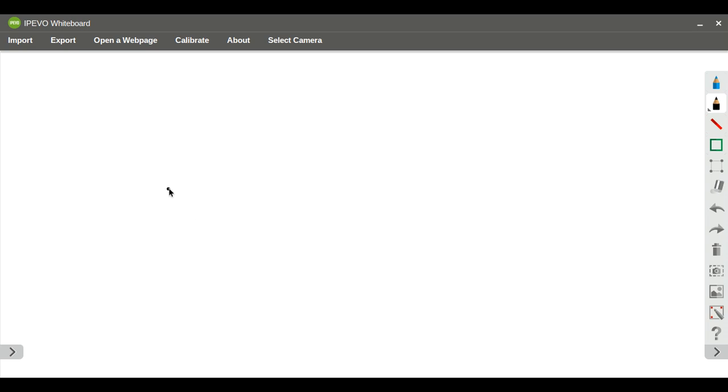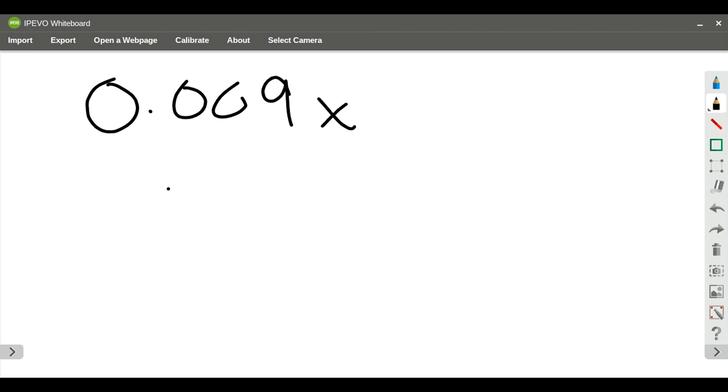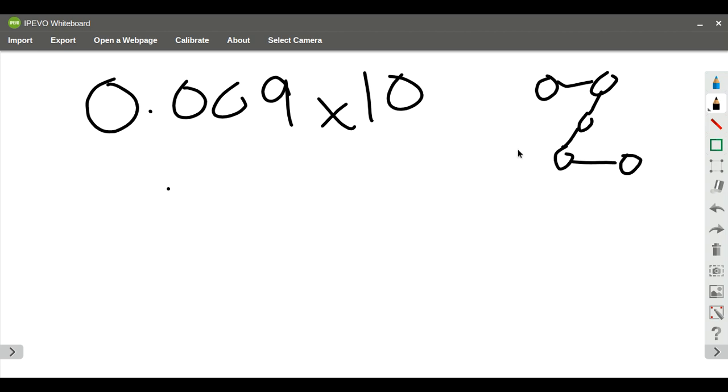Problem number 2 is 9 thousandths multiplied by 10. When I multiply 9 thousandths by 10, the pattern we noticed says that every time I multiply by a power of 10, which 10 is, my decimal moves one place to the right for every place value.